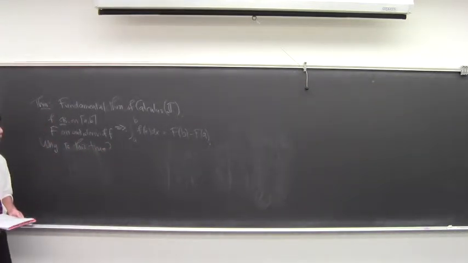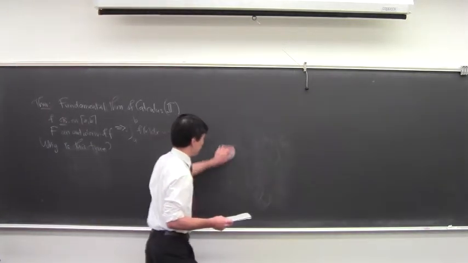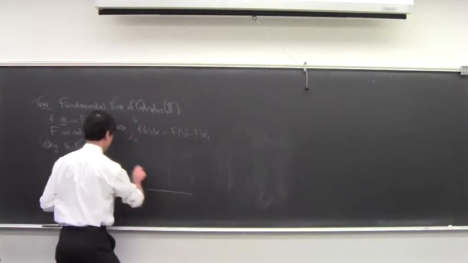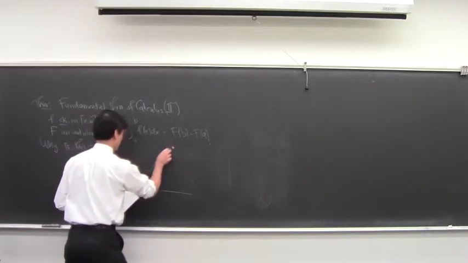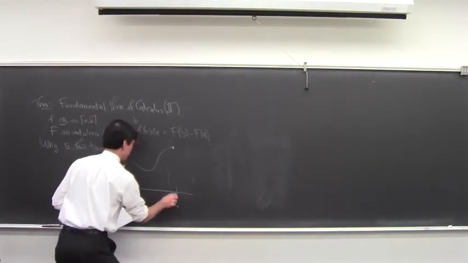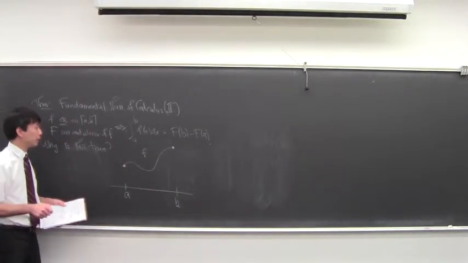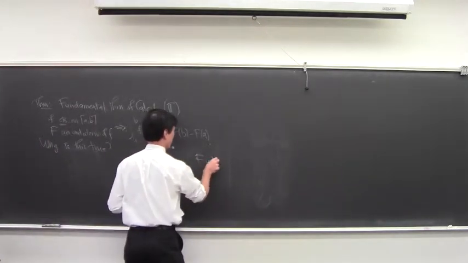Here's one explanation, and we'll give another explanation in a couple days. Here's the idea. So you have your function f, and you have big F, the antiderivative.